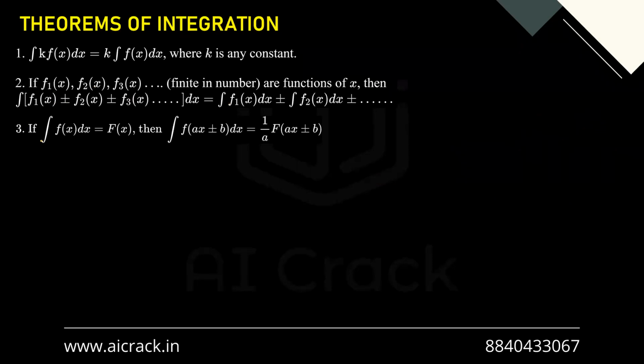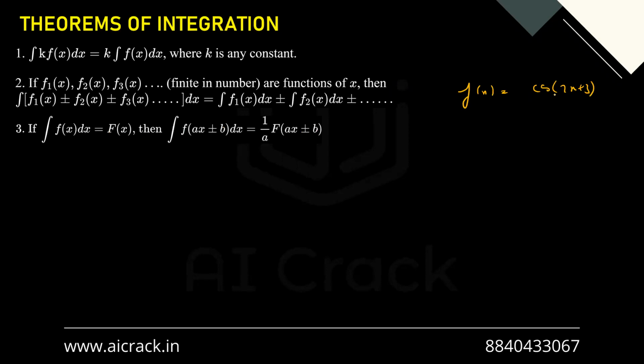Now the third point is, if the integral of f(x) dx equals capital F(x), then the integral of f(ax plus minus b) dx equals 1 by a times capital F(ax plus minus b). Let's understand this with an example. Let's say f(x) equals cos of 2x plus 3.